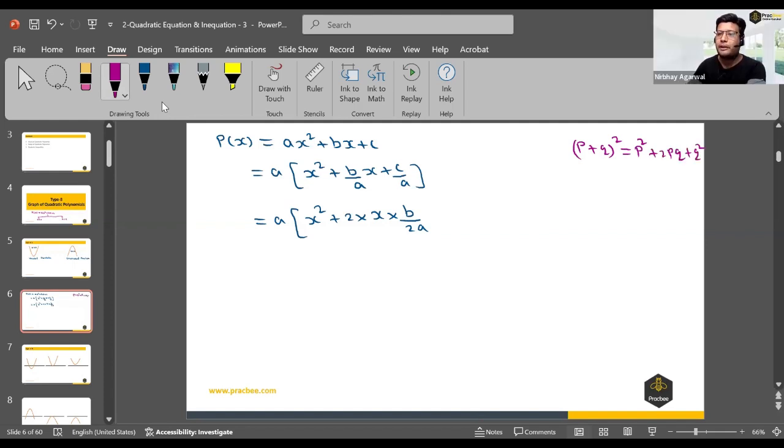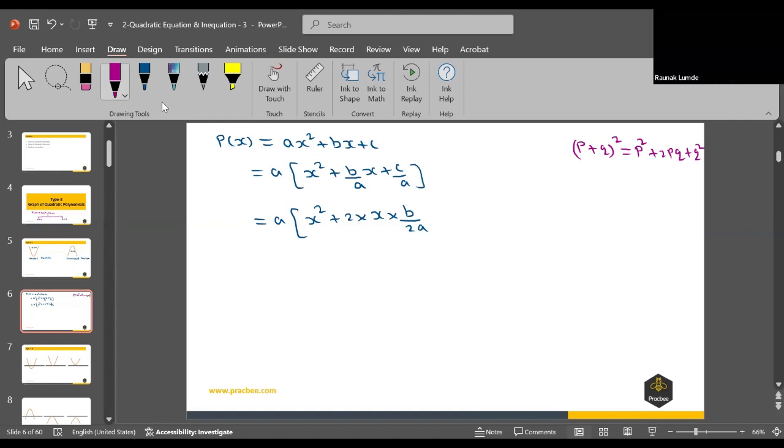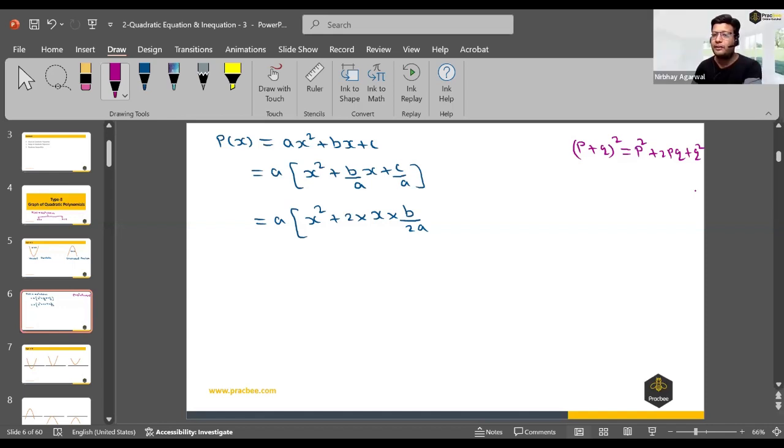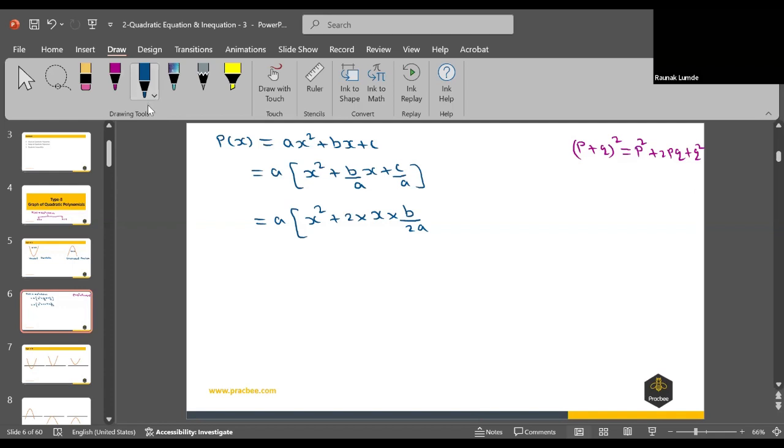We cannot make p minus q whole square because we don't have any negative sign here. If you compare this with the expression, p is x. So what will be the q value? The q value is b by 2a.